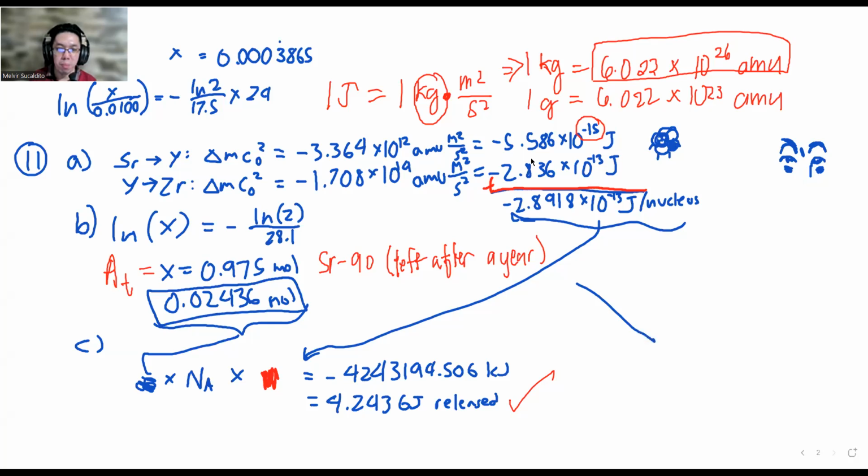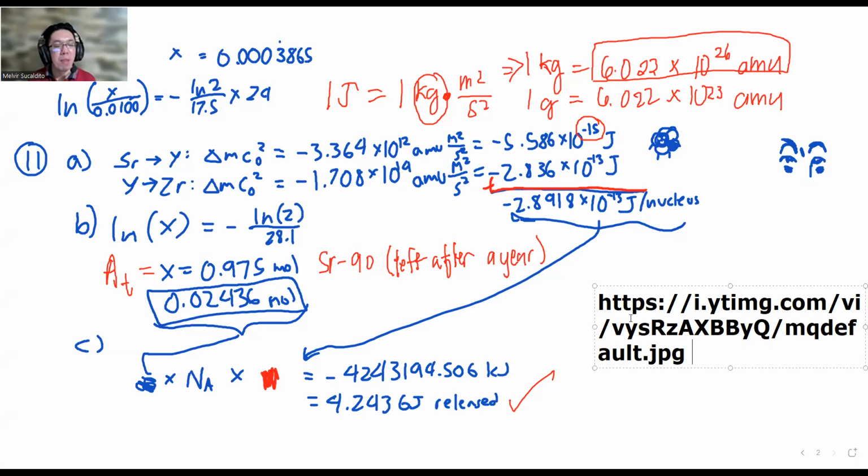Next page for numbers 12, 13, 14, and 15.